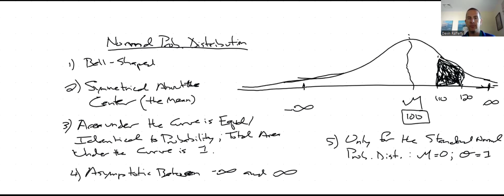Okay. So in other words, for the standard normal probability distribution, the mean is 0. This would become 0. So the center of the distribution becomes 0.